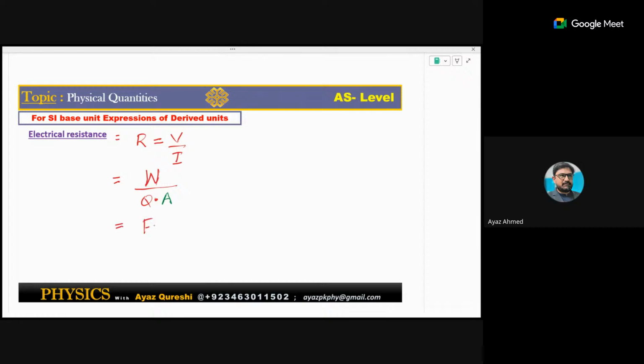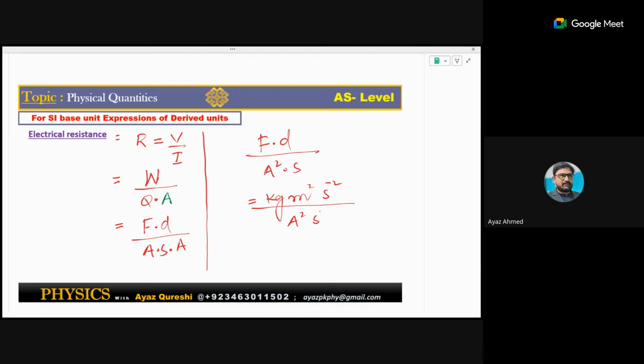Then work done will be written as F into D, and Q will be written as ampere into second, and now this becomes F into D divided by ampere square into second. So you will say kg m square s minus 2 divided by ampere square s. So the final answer will be kg m square s minus 3 A minus 2.